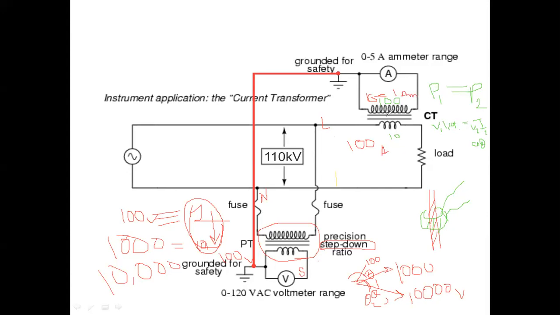Then we have to reduce the current level, so we have to increase the voltage level. That's why in the CT, in a transformer formation, the secondary side has a higher number of turns, because it increases the voltage.